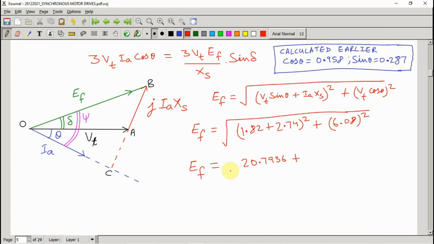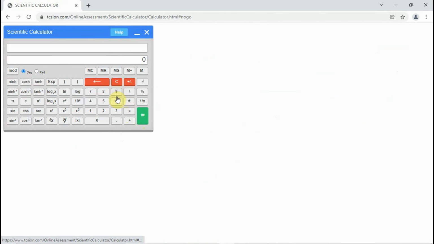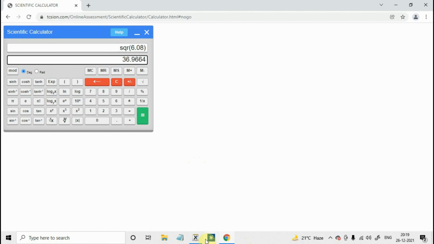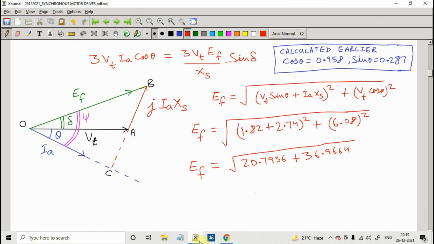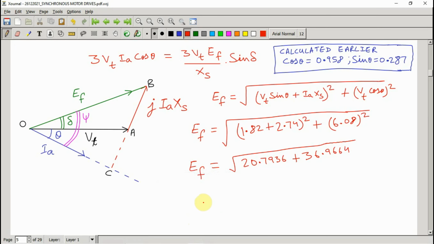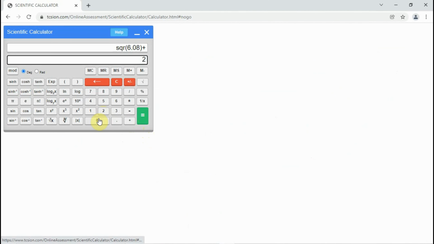Plus 6.08 squared, which is 36.9664. Adding them, I now have to take the square root.